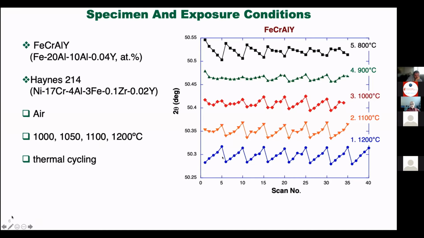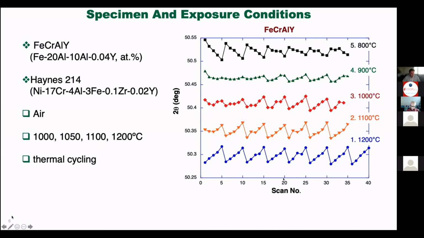And what you see here are these 2 theta scans that I showed you on a previous slide. And this is the type of thermal cycling experiment we would do. We would typically isothermally oxidize for a few hours and then drop the temperature sequentially, hold, and see how that changes the stress state in the scale as we drop the temperature.